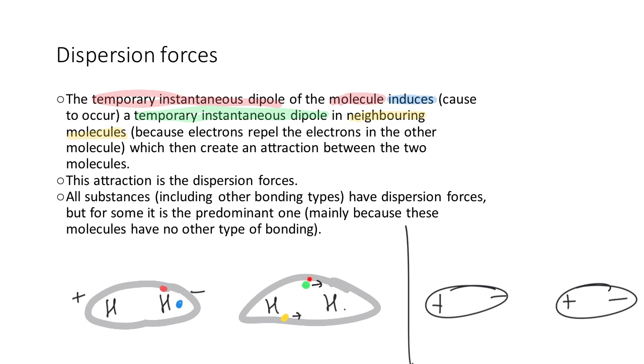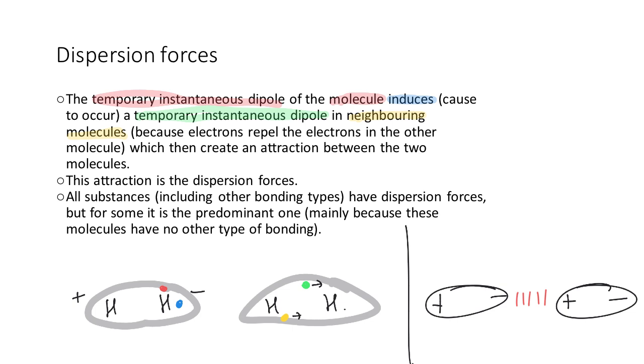When these electrons move to this side, they make this side the negative side and this side the positive side. So this molecule forced that electron imbalance, forming a negative and a positive side, and for an instant can create an attraction between the positive and the negative ends there.